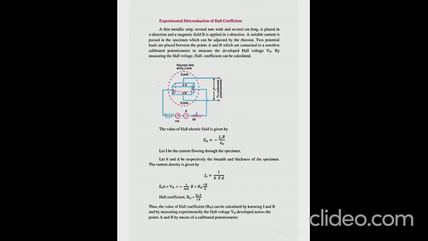So next, EH into b equals VH equal to minus 1 by ne into IB by d, equal to RH IB by d. Hall coefficient RH is equal to VH d by IB. Thus, the value of Hall coefficient RH can be calculated by knowing I and B and by measuring experimentally the Hall voltage VH developed across point A and point B by means of a calibrated potentiometer.